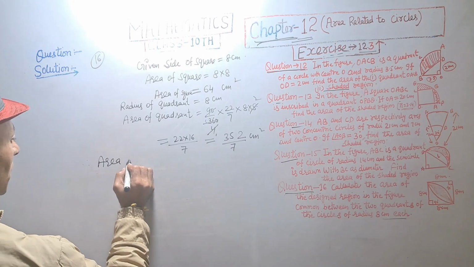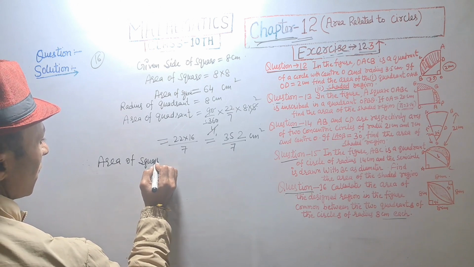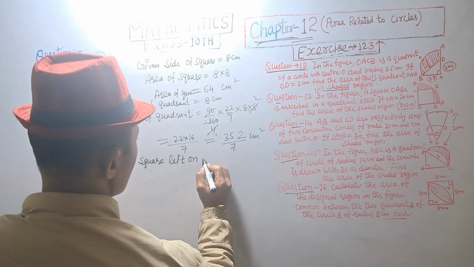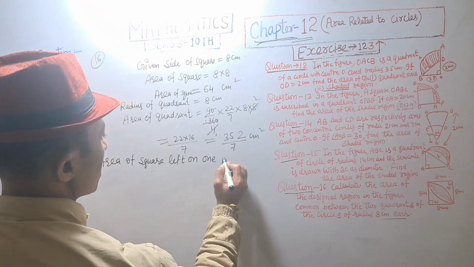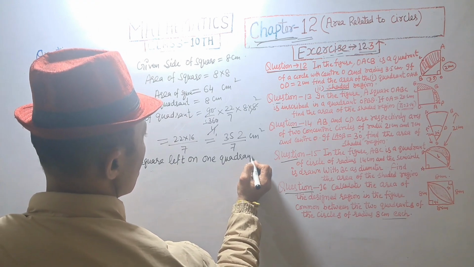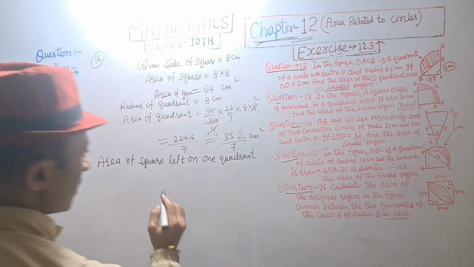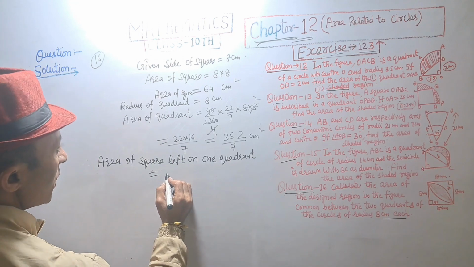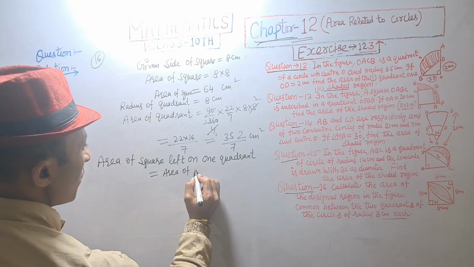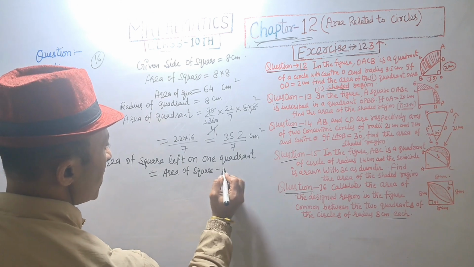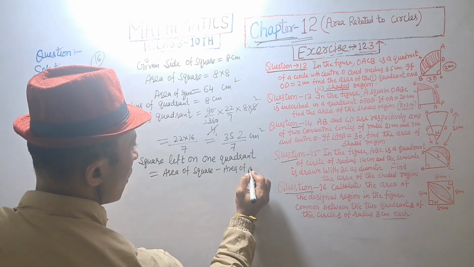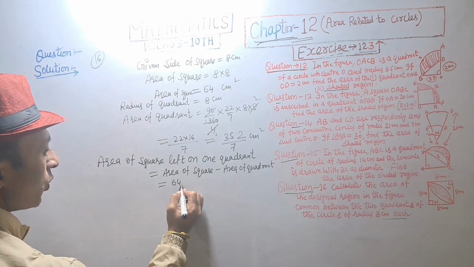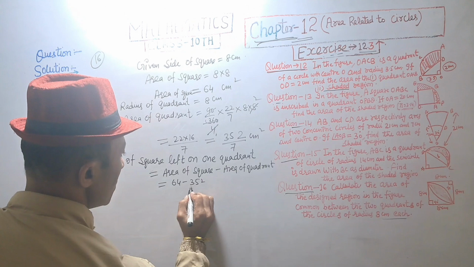The area of the square left on one quadrant is equal to the area of the square minus the area of the quadrant, that is 64 minus 352 upon 7.